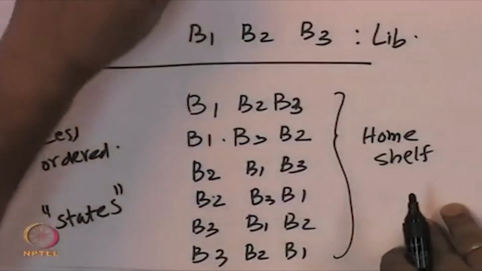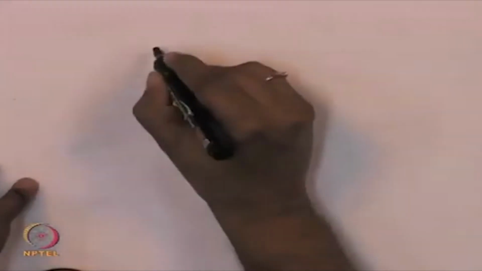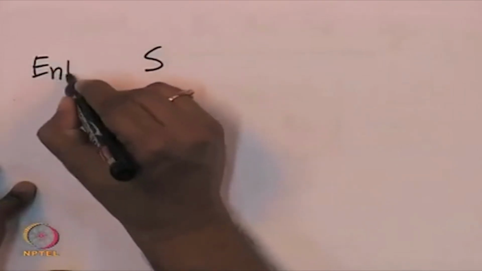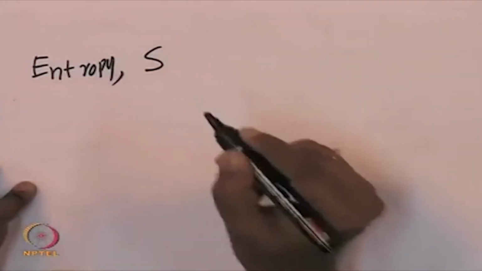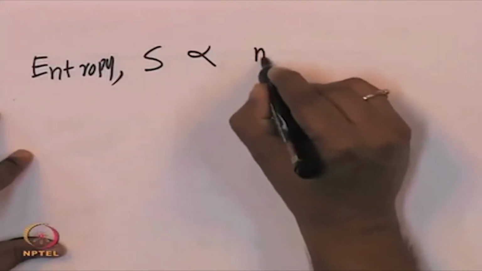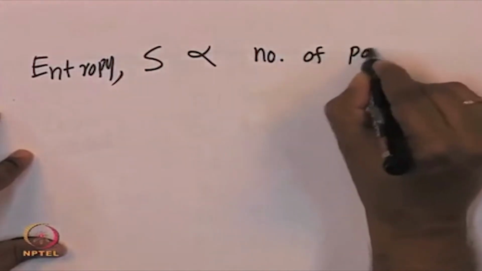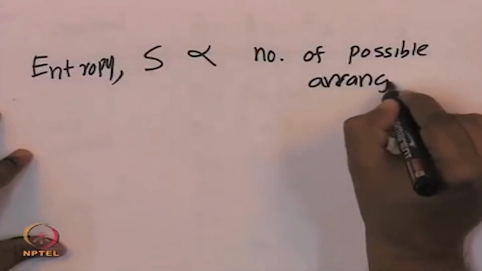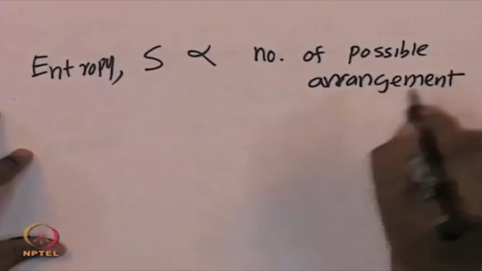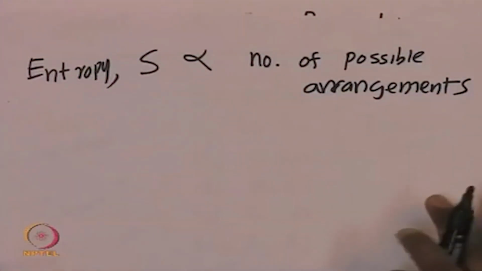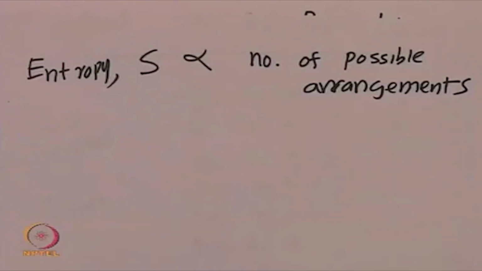So, it turns out that the way to define entropy, entropy S, this is the notation we will use for entropy. Entropy S is proportional to the number of possible arrangements. In the library there is only one arrangement, but at home we had many possible arrangements, so there is more entropy.